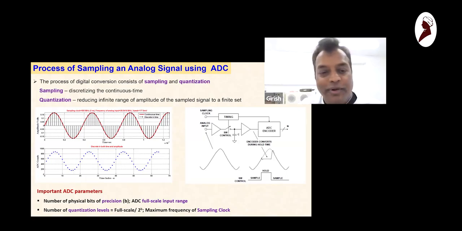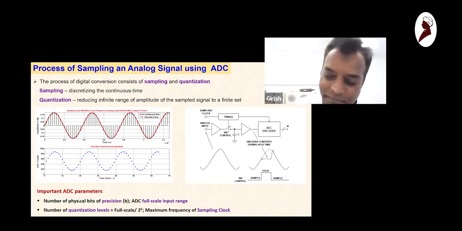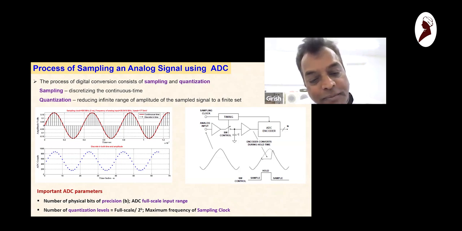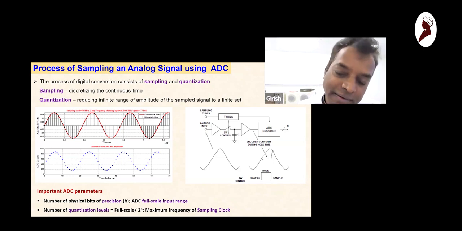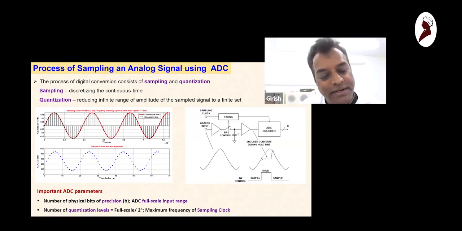This calls for the physical bits of precision of the A to D converter. For example, if you have 10 bits representing the analog signal, you can generate a set of numbers ranging from 0 to 1023.